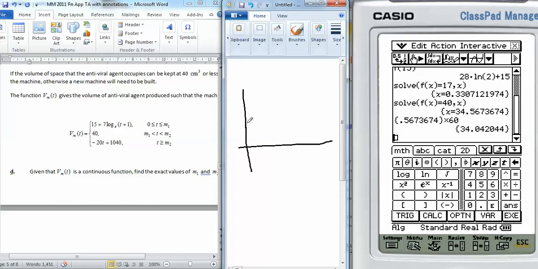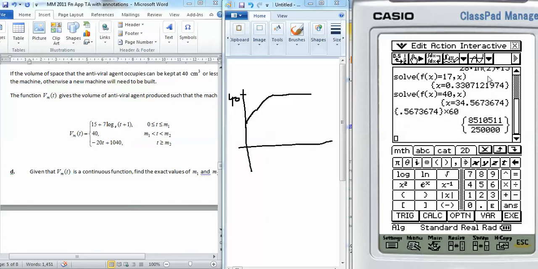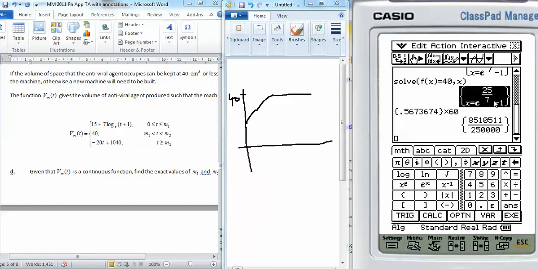I know it starts at 15, has an exponential curve to it, then it's at 40, and I know when it's at 40 because I worked that out here. It's at 40 at e to the 25 on 7 minus 1.